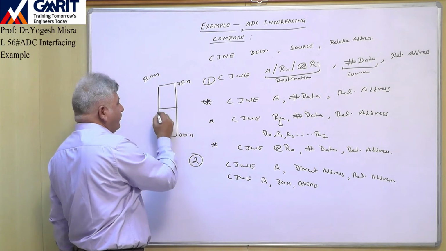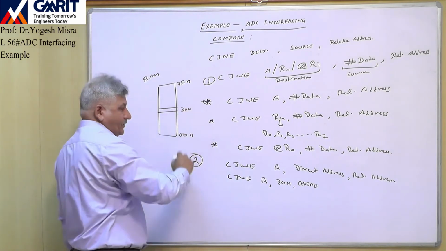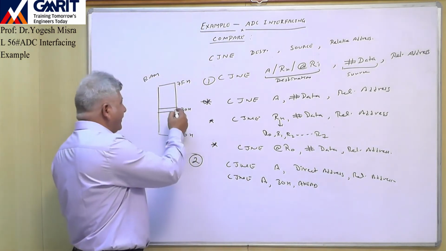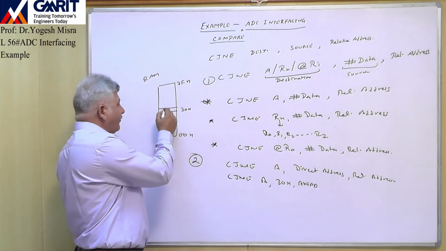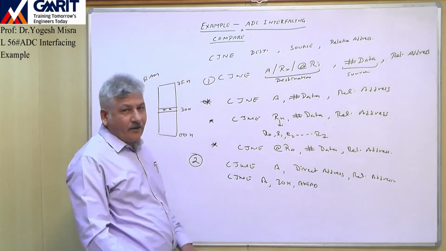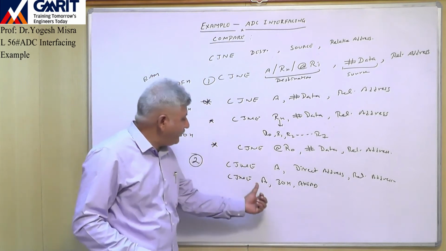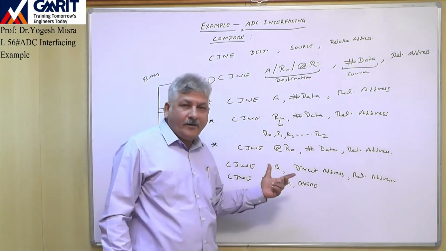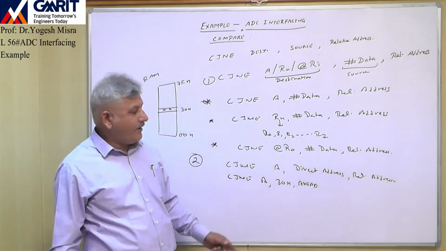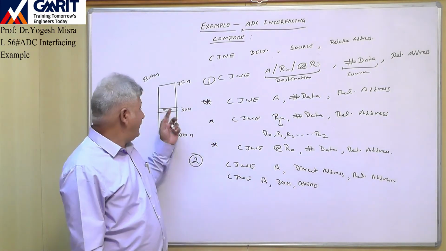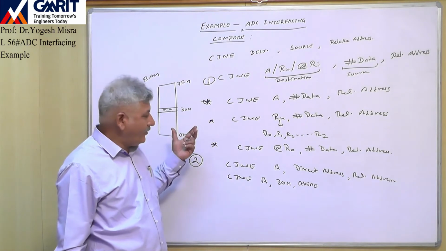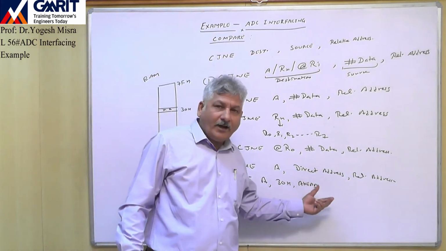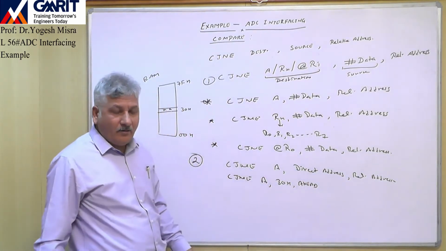Somewhere you will find this address 30H. Whatever 8-bit number is stored there will be compared with the content of the A register. And depending upon the values, whether A is greater than this content or whatever, the program sequence will jump to label ahead or come out from the loop.